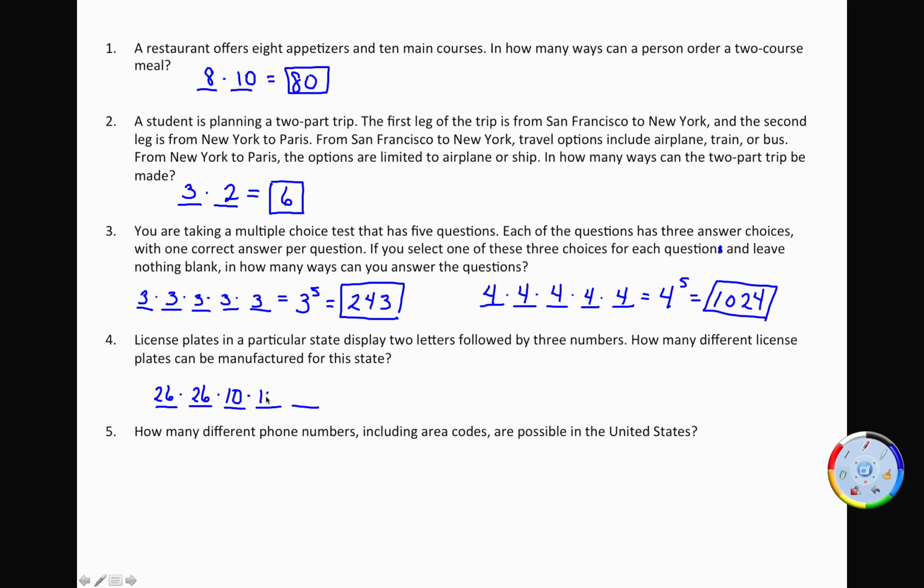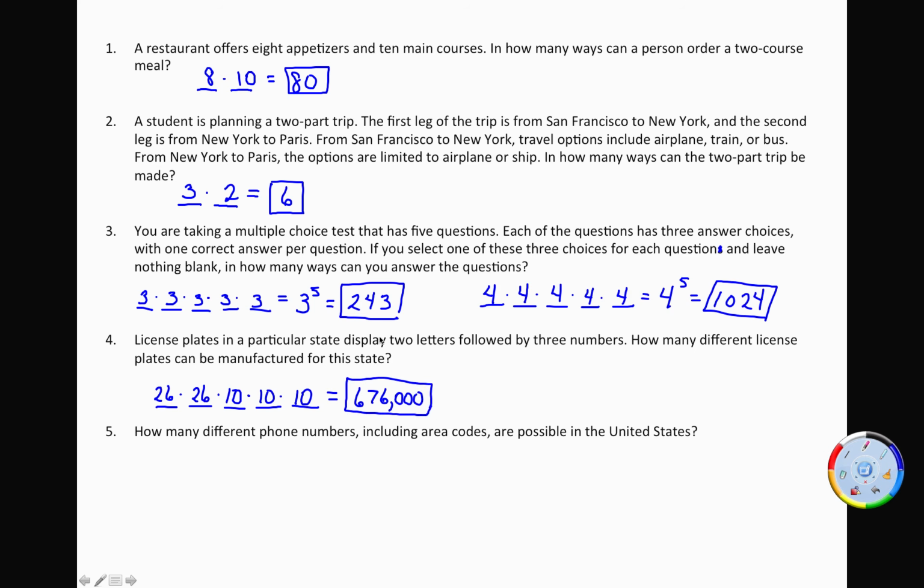So I have an option of being able to put a 10 in each of the last 3 blanks. And if I plug that in my calculator and multiply it all together, I get 676,000 different license plates are possible.